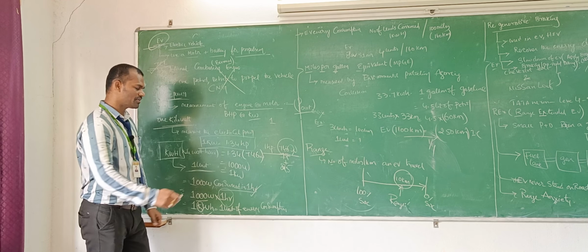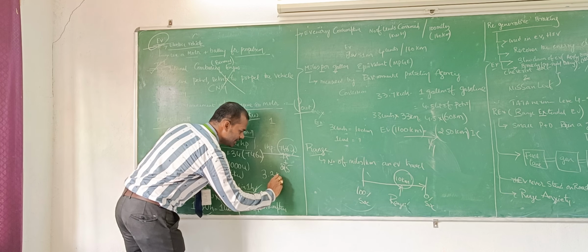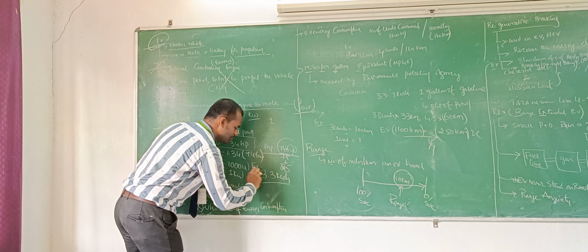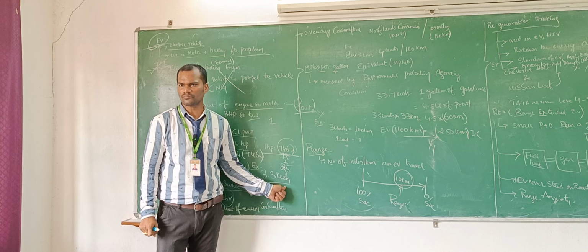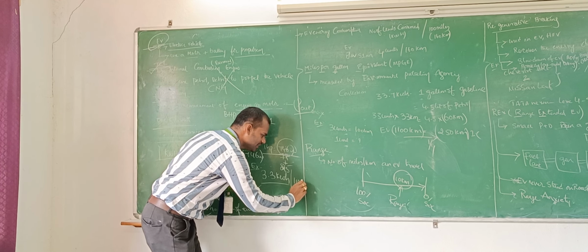For example, our electric vehicles are designed in the fashion of 3.3 kWh. Sir, what is the meaning? Take the next example: our Ola electric vehicle is of 3.3 kilowatt hour. What is the meaning? So 3.3 kilowatt hour to run 110 kilometers.